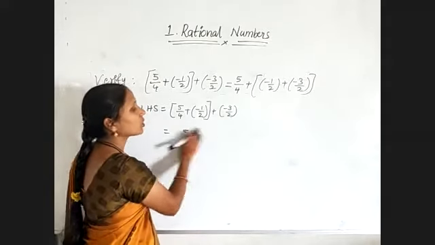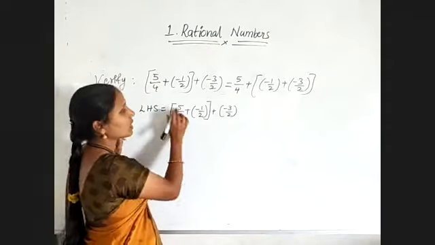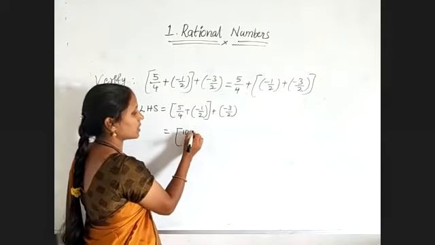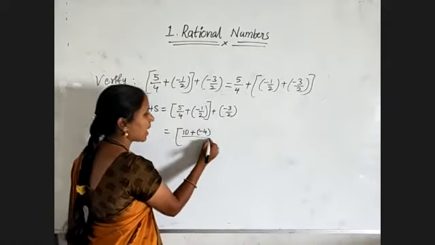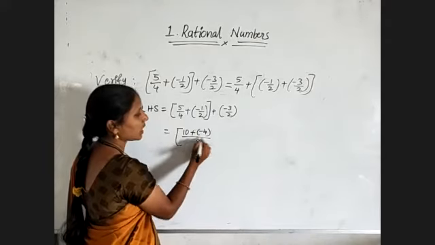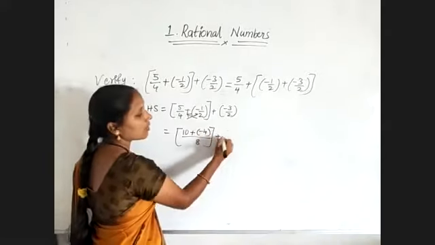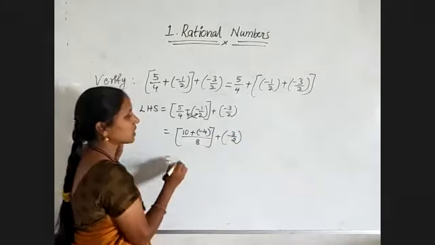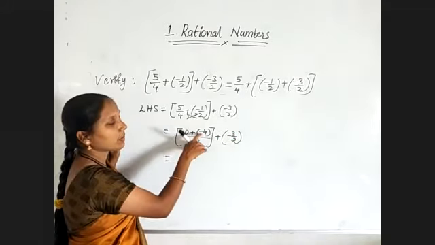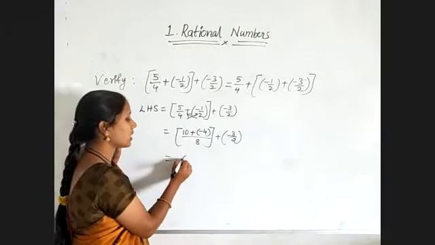Otherwise, go through with cross multiplication. 5 2s are 10 plus of 4 1s are 4, by 4 2s are 8, plus of minus 3 by 2. So which is equal to 10 and minus 4. Positive, negative, subtraction. 10 minus 4 is nothing but 6.